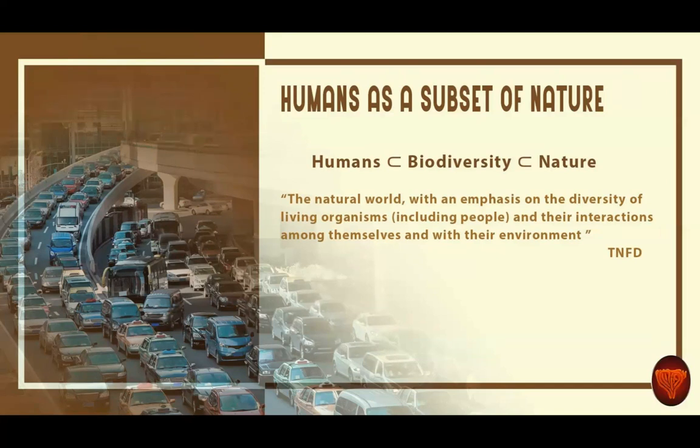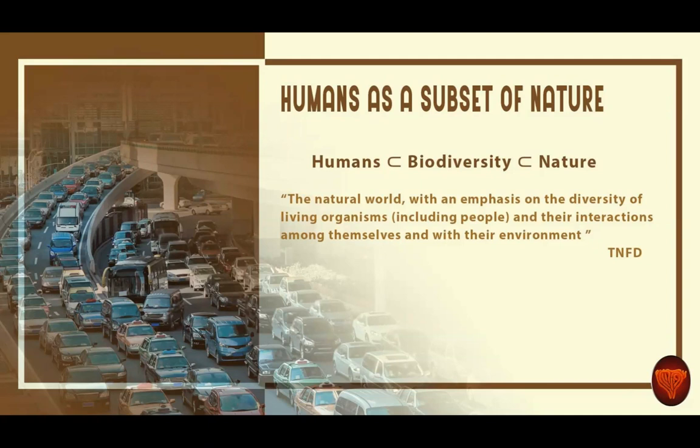Now, according to the TNFD glossary, biodiversity is defined by the CBD as the variability among living organisms from all sources, including inter alia, terrestrial, marine, and other aquatic ecosystems, and the ecological complexes of which they are part. This includes diversity within species, between species, and of ecosystems. Now let's take this one step further.